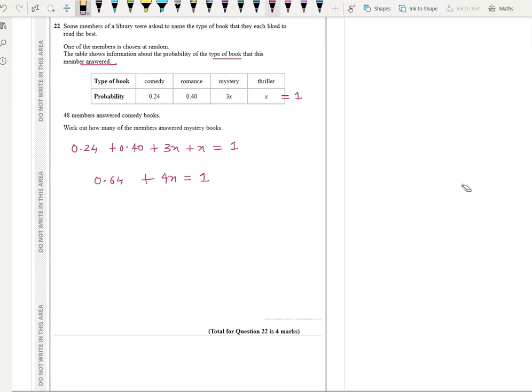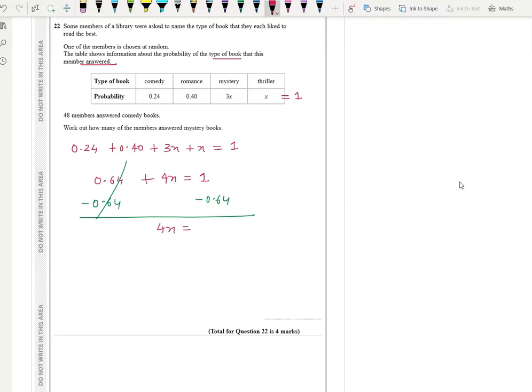Now I need to solve this equation. So to find the value of x, you need to cancel out 0.64 and 4. So subtract 0.64 on both sides. So this will cancel out. You are left with 4x equal to 1 minus 0.64, which is 0.36. I want x all alone, so divide both sides by 4.